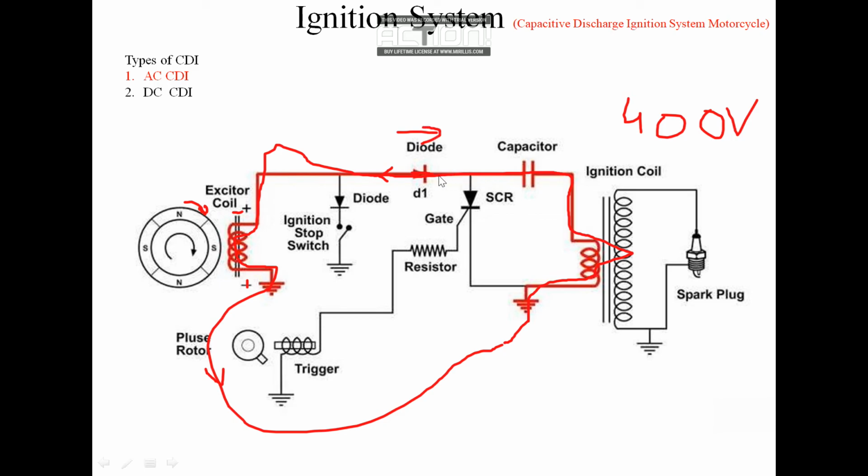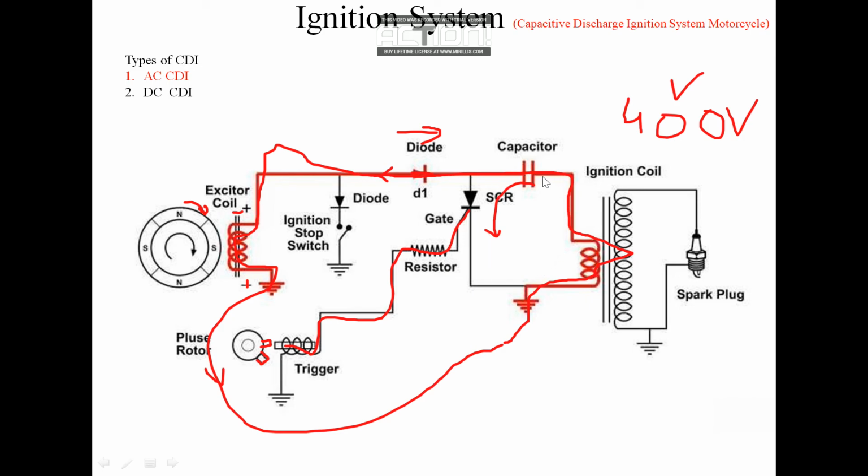So it won't allow, and during that time this peak of our pulse rotor comes in front of our pickup coil, and it triggers our transistor, or our SCR. As soon as the SCR gets triggered, this direction of flow is allowed, and whatever charge is held by the capacitor, that 400 volt charge, is supposed to discharge in an anti-clockwise direction.